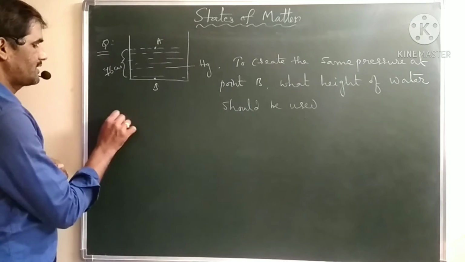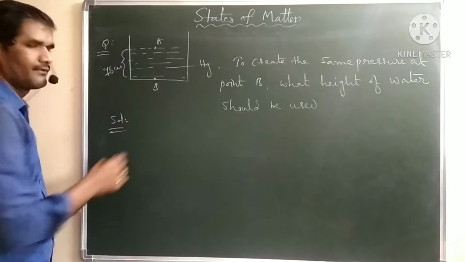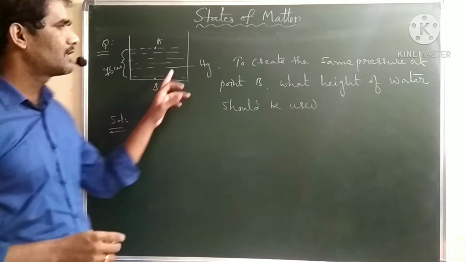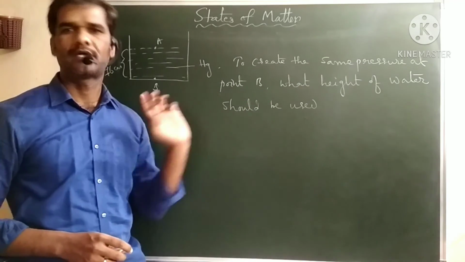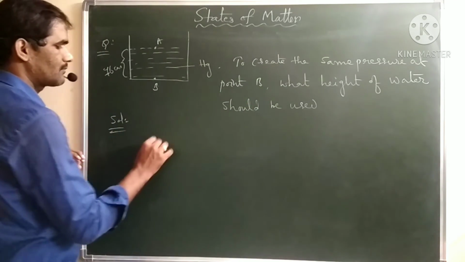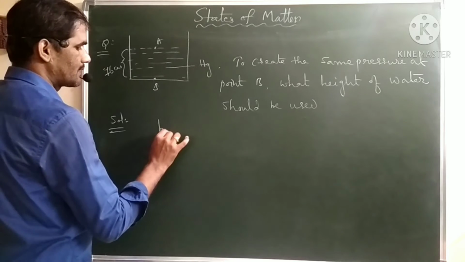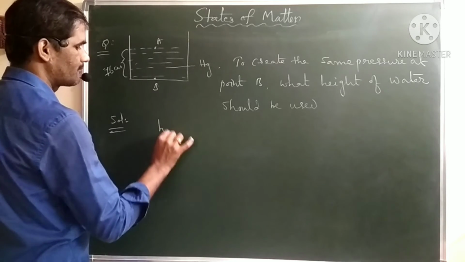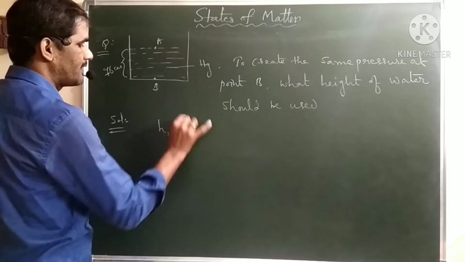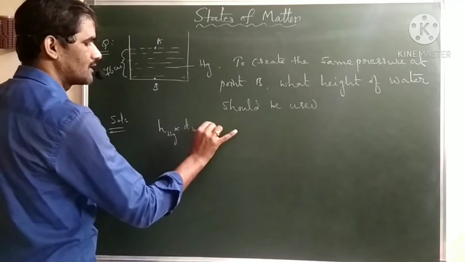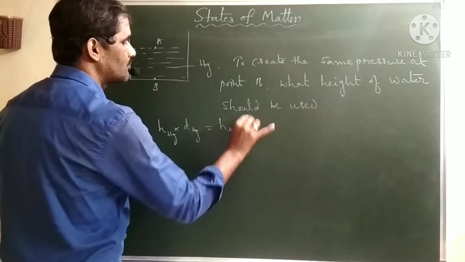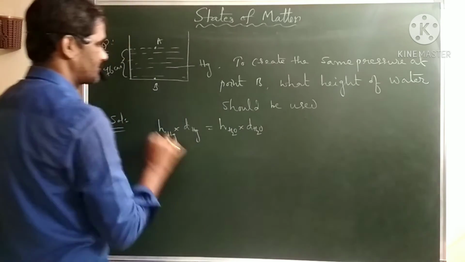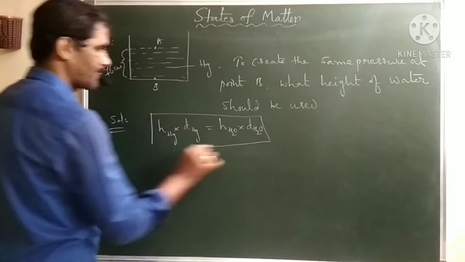So solution for this, we have one formula to convert height of mercury into height of the liquid or height of the liquid into height of mercury. That formula is H of mercury times density of mercury equals height of water times density of water.